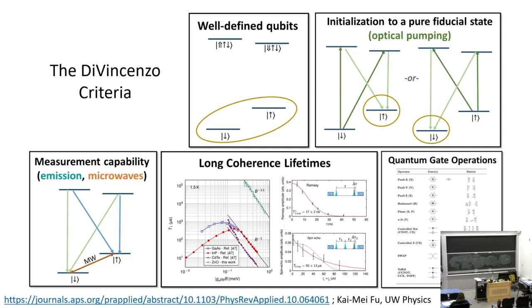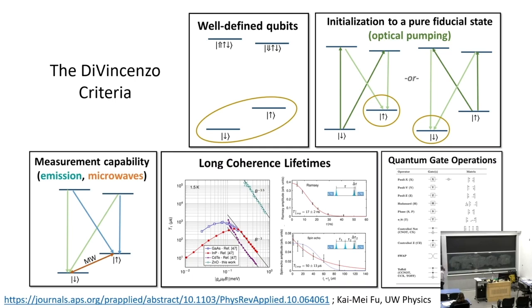We have a well-defined two-level system. That's our Zeeman split ground state, so our spin up and spin down electrons. We can initialize each of those states, the 1 and the 0 state, the spin up, spin down state, by optical pumping. We can photoexcite our zinc oxide and selectively get to one place or the other.